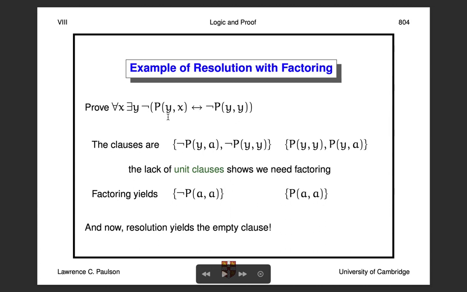It is a conjunction, but when you're negating it, the negation of an if and only if is equivalent to having the if and only if of either of those guys negated. So there are lots of ways of simplifying this thing. Of course, you mustn't forget to negate the entire formula before you even begin. Anyway, if you negate it and convert it to clauses, you just get 2.